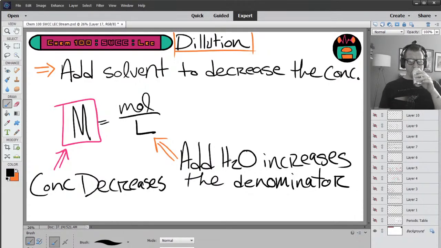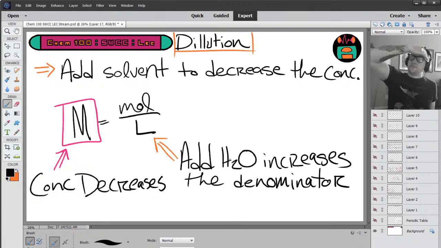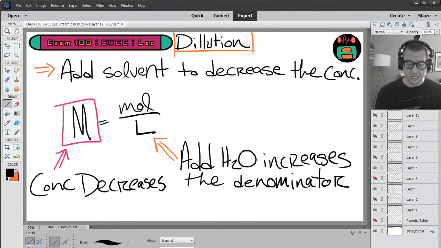Now, if you're wondering why would we do this, isn't a higher concentration better? Depends upon the context. Humans have been doing this for years with liquor, for example. If you throw back a shot of bourbon, it punches you right in the face.